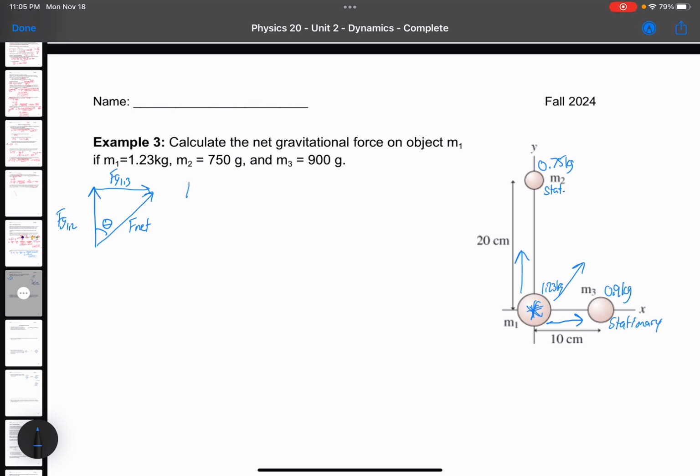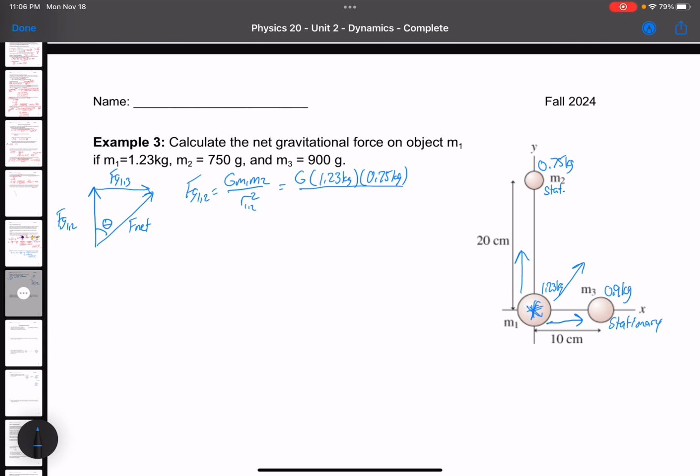So I'll start with 1 and 2. So G, mass of 1, mass of 2, divided by r squared. And that's again going to be the radius between 1 and 2. Okay, so G, 1.23 kilograms, and mass of 2, 0.75 kilograms.